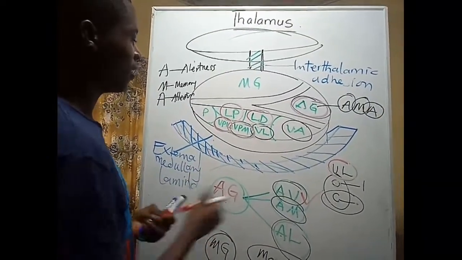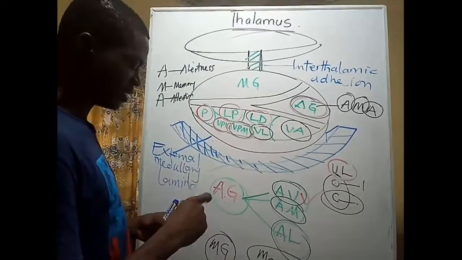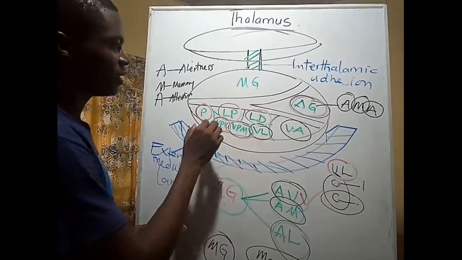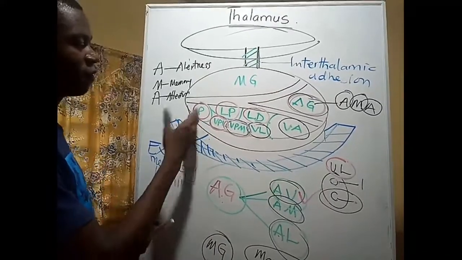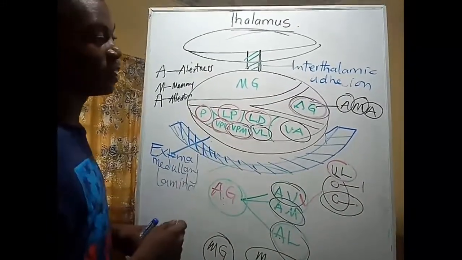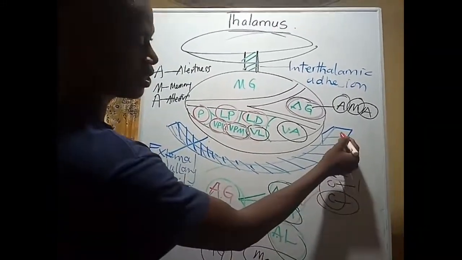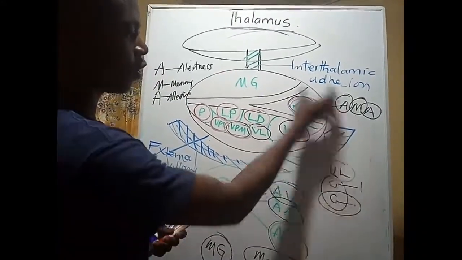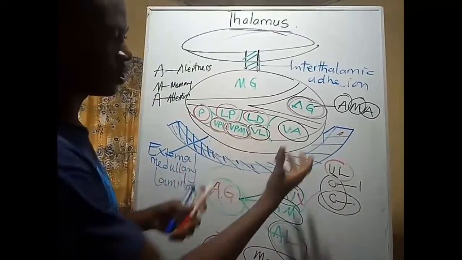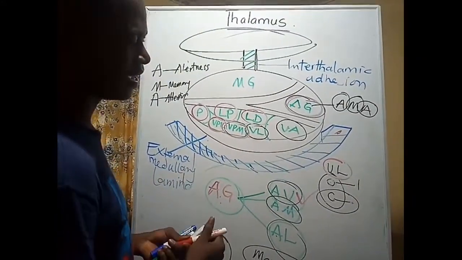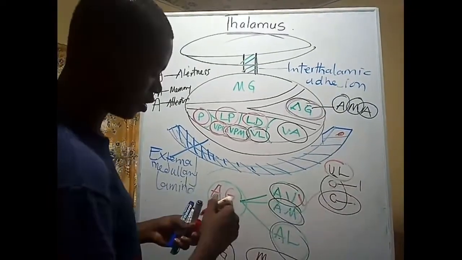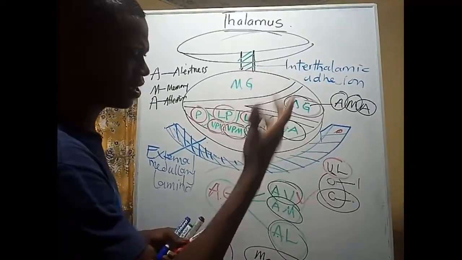Okay. Now, the pulvinar is basically responsible for integration of sensory information. So it integrates sensory information, and then the reticular nuclei is also responsible for modulation of all the nuclei. So it makes sure it modulates all the activities of the nuclei. And fibers that are usually passing here will help you, to some extent, with your memory.